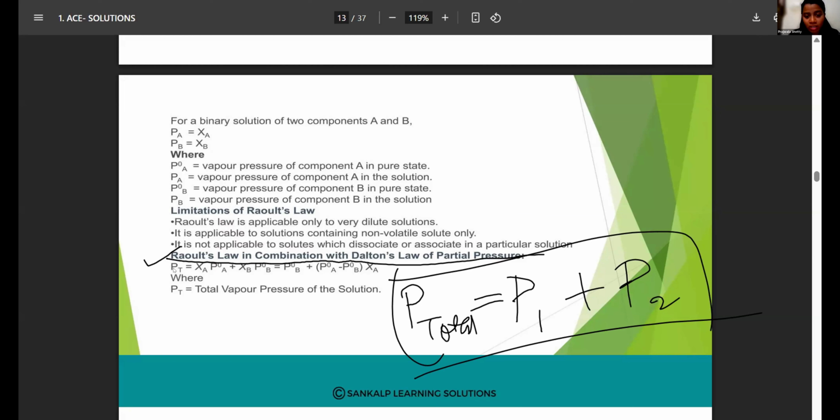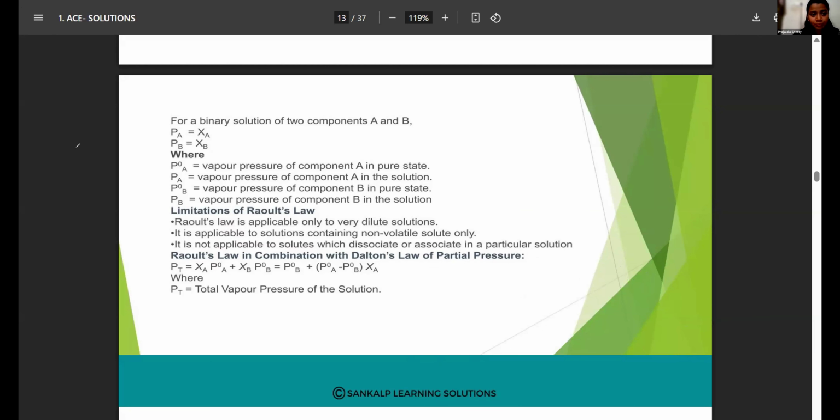When you combine Dalton's law with Raoult's law, let me show you the final equation.